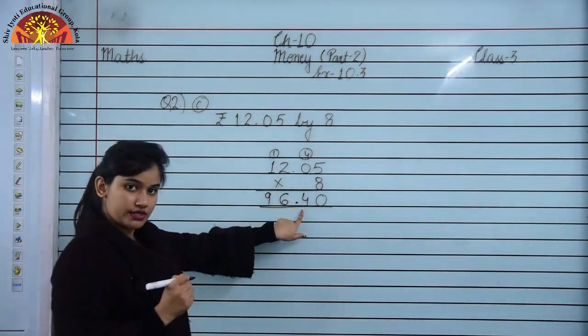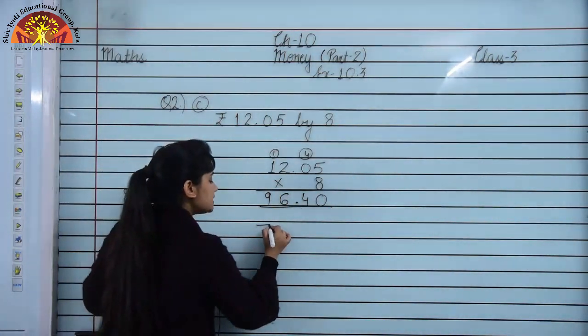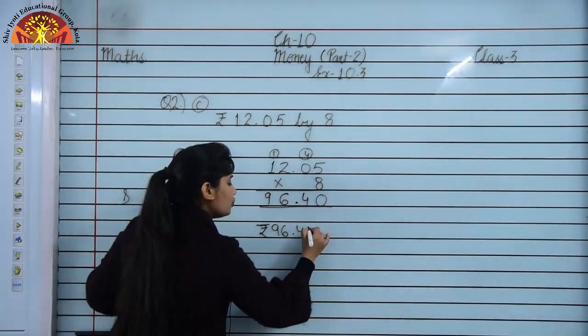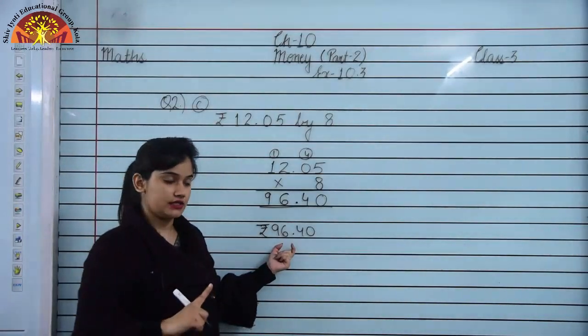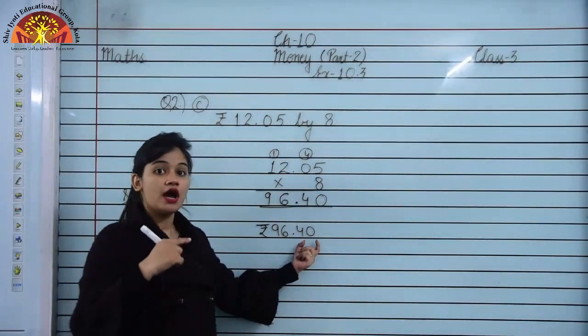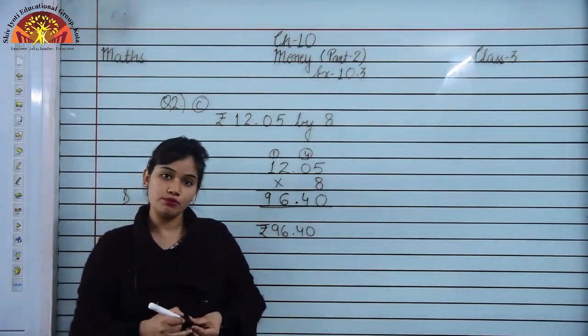Okay, students? In this way you can do the multiplication. Now what is the final answer? Rupees 96.40, or you can say rupees 96 and 40 paise. After the dot, what is this 40 showing? 40 paise. Is it clear? In this way you can do the multiplication.